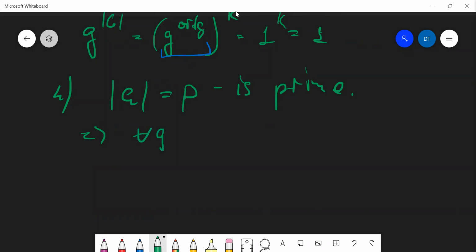For every element g of G which is not equal to the identity element, G is generated by g. So every non-identity element of the group G is a generator of G, and hence G is a cyclic group.